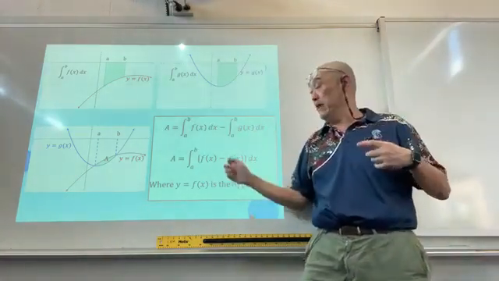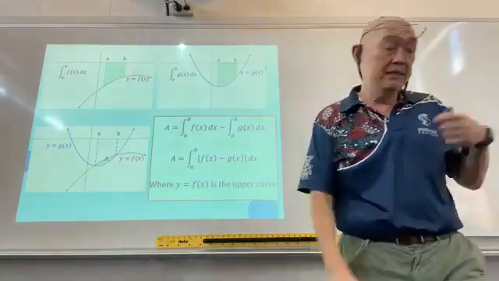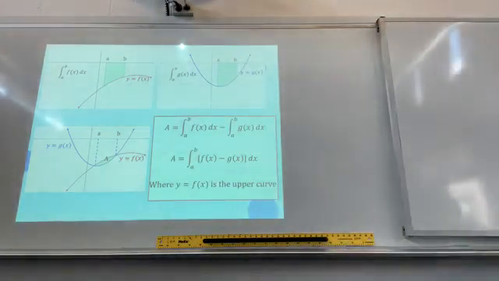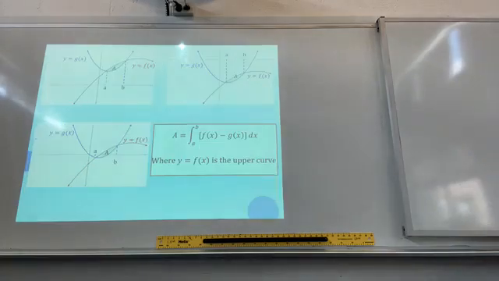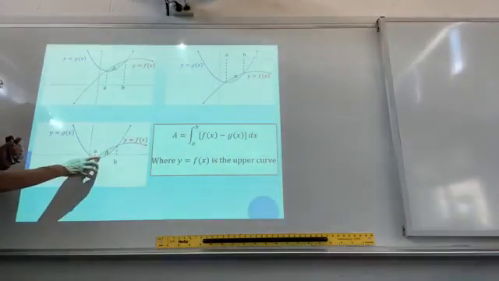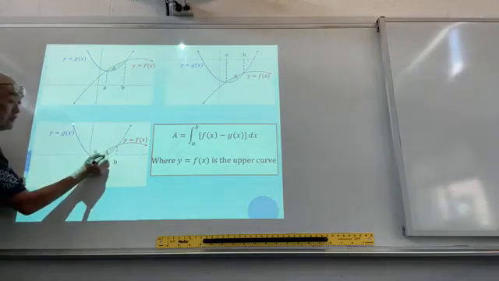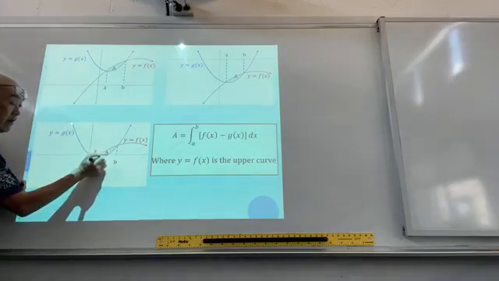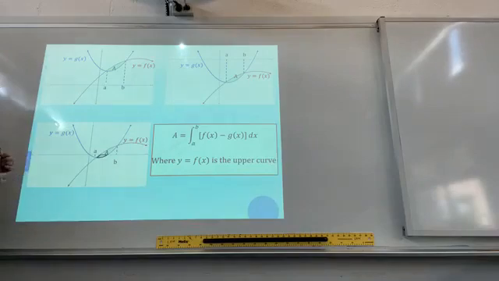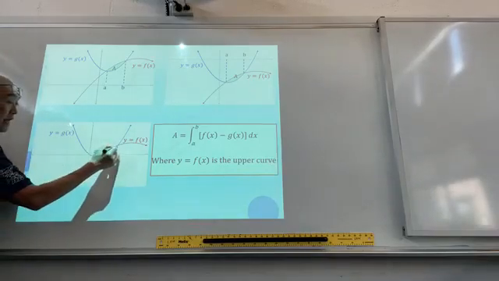And it's always the same. y equals f(x) is always the upper curve. So really, it doesn't matter whether you're translating up or down. You will get the same answer, even if you've got a situation where it is in between. If you want to find those two areas, what you can do is find the area of this first, and then find the area of that.